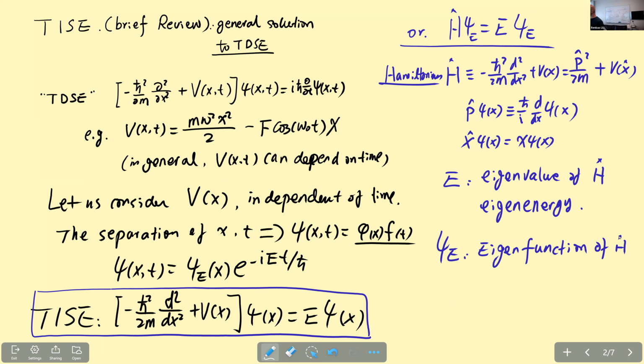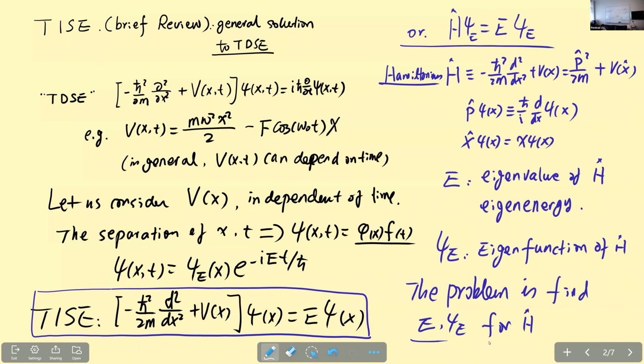So the problem reduces to finding E and psi_E for H. This is the general problem in quantum mechanics. Once you have the Hamiltonian, you try to find the eigenfunctions and the eigenvalues for this Hamiltonian.